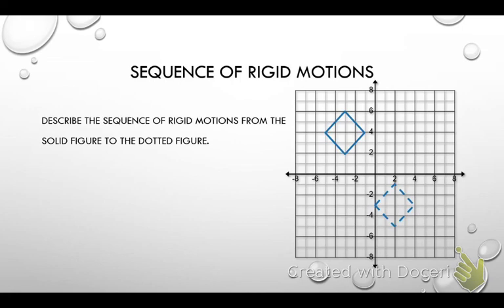Rotation won't work. A reflection won't work because my values are a little off. My x value here is at -1, but down here it's at 0. So that's not going to work. The only one that'll work is a translation.